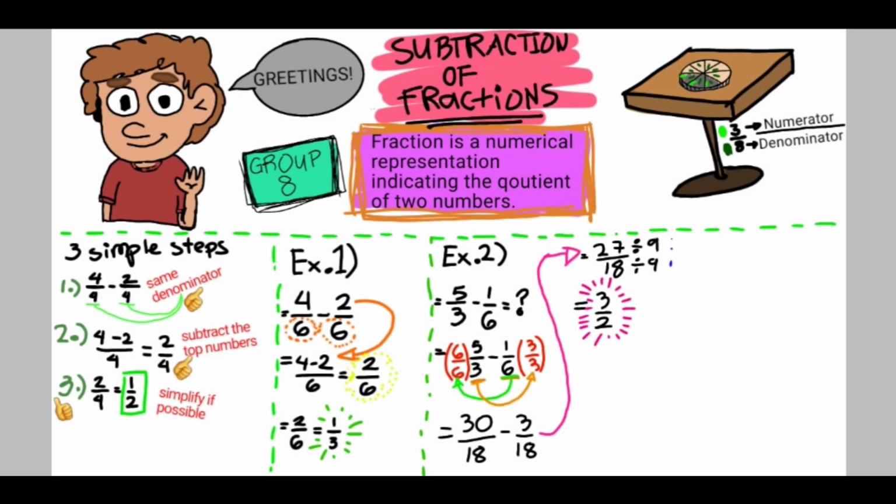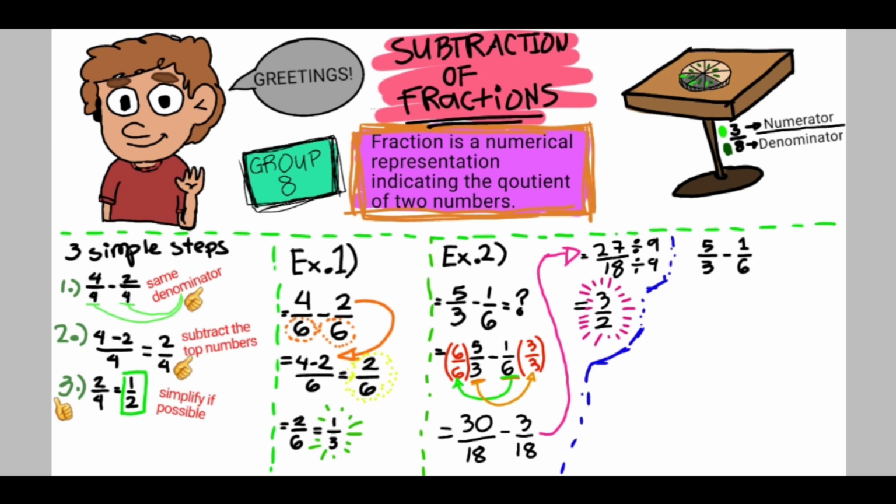But there is another way to subtract this problem, and you decide what fits you the most. We'll just show you. What we'll do here is look for the least or lowest common denominator possible, or LCD. So in the problem 5/3 minus 1/6, the lowest common denominator possible is 6.